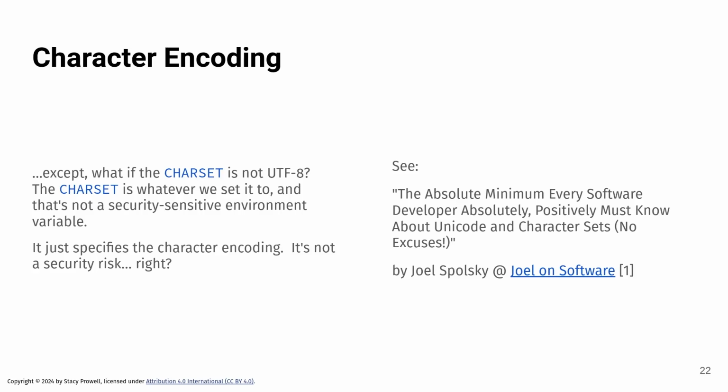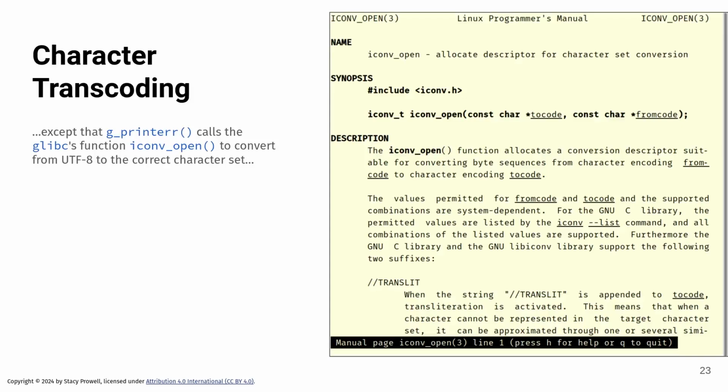But that doesn't seem like a problem, does it? Well, gPrintError will then call the glibc function iconv_open to convert from UTF-8 to the correct character set specified by the char set environment variable. So it's going to then call this routine to do that conversion.